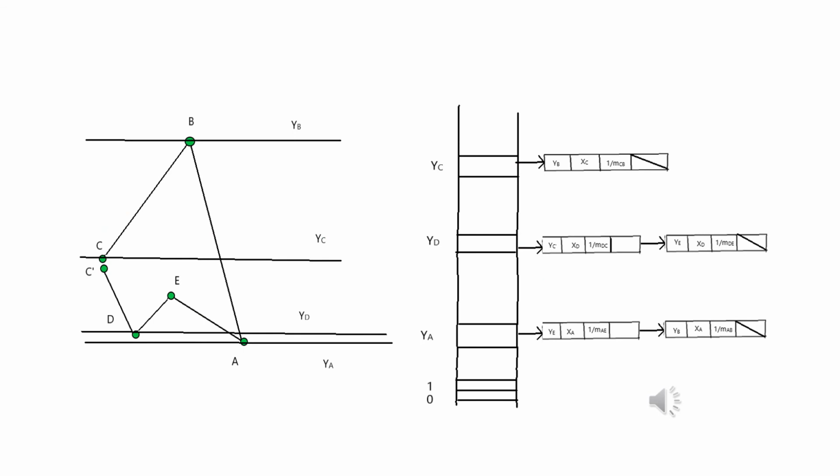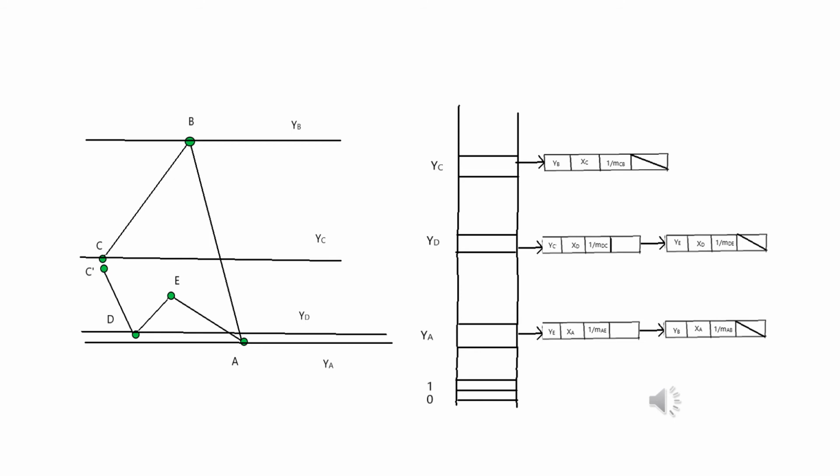If we look into this figure, the polygon ABCDE, we are starting from bottom to top. A is the bottommost vertex. A is a vertex of AEH and ABH. We have to consider scan line YA passing through vertex A. For the YA scan line, we have to store the information about AEH and ABH.